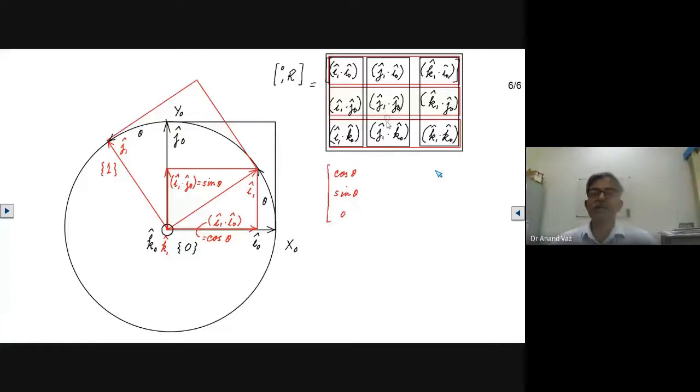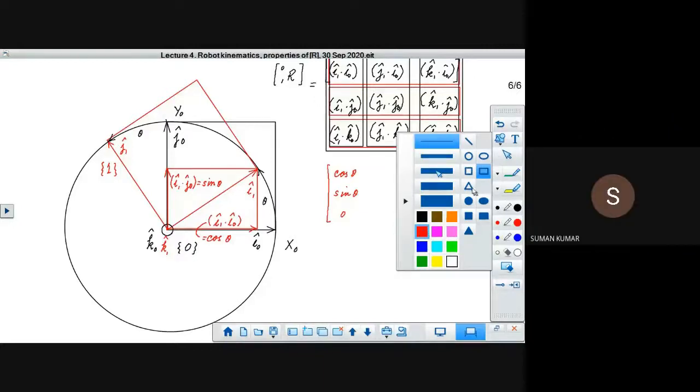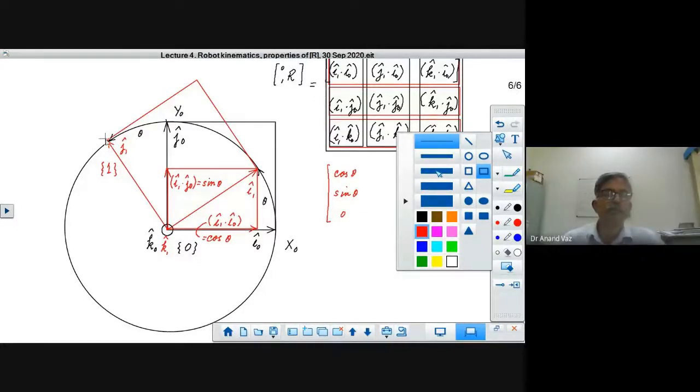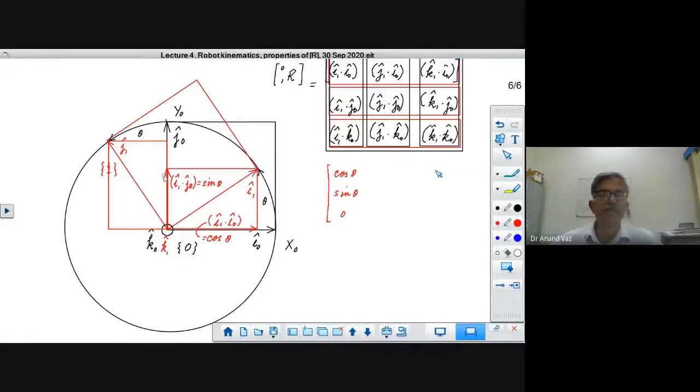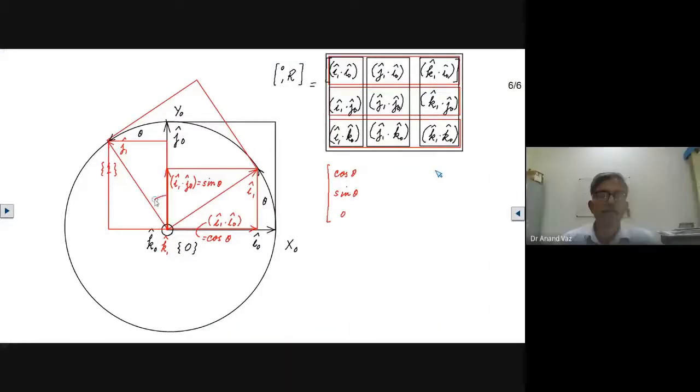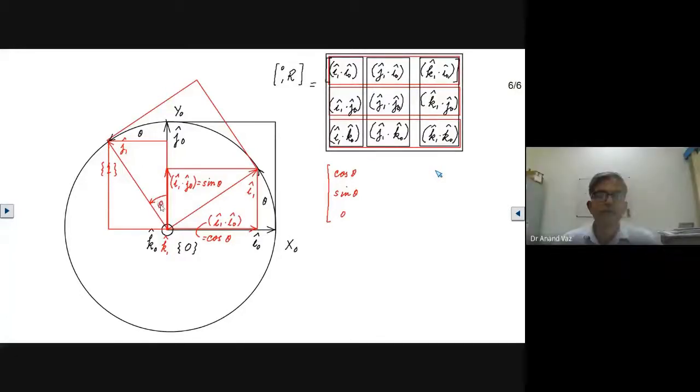The second one is J1. You see, J1 is over here, and it is resolved along the two directions. So we take J1 and resolve it along the directions of frame 0. This angle is theta, and the magnitude of this is 1.